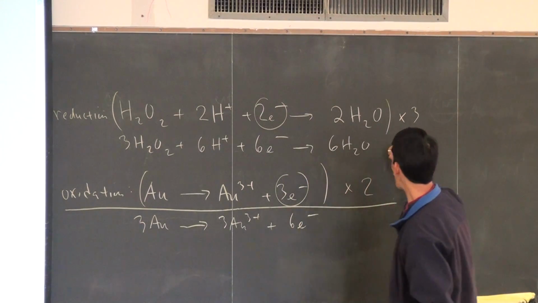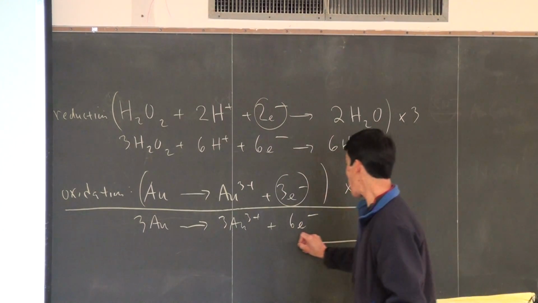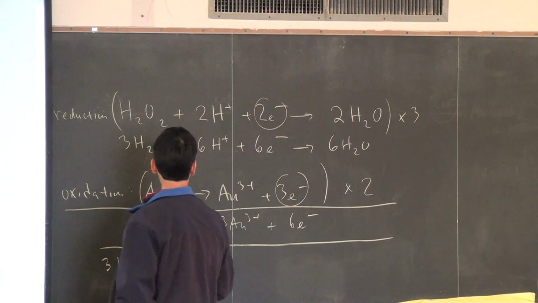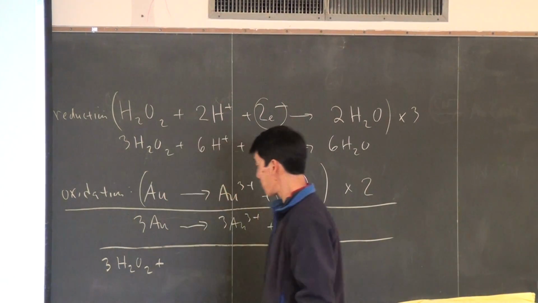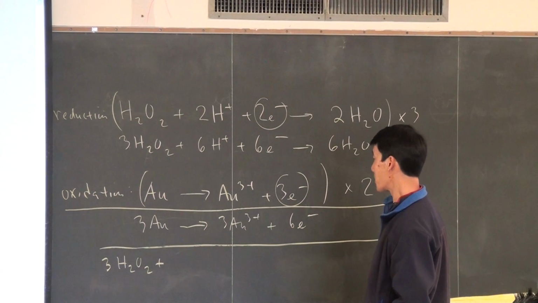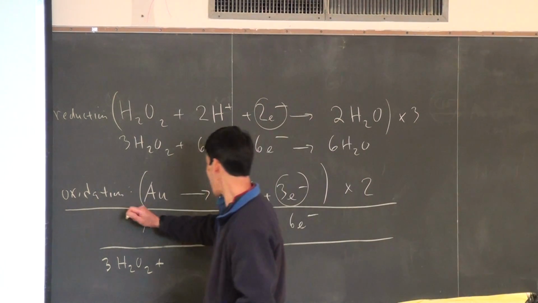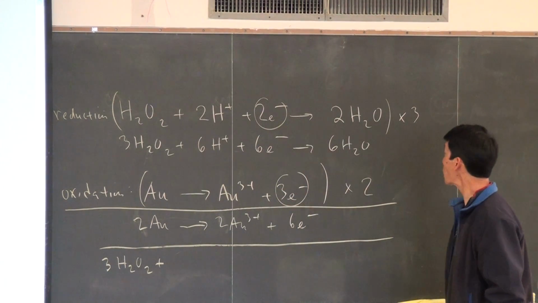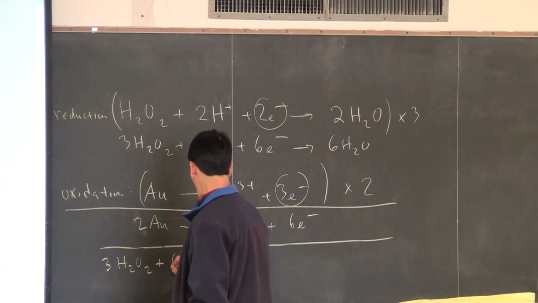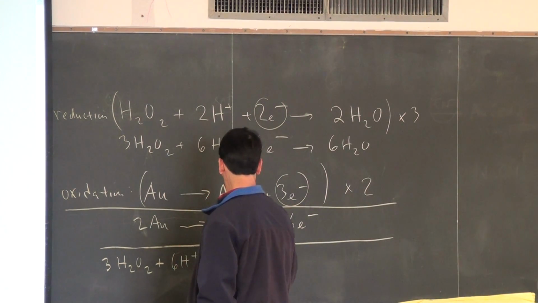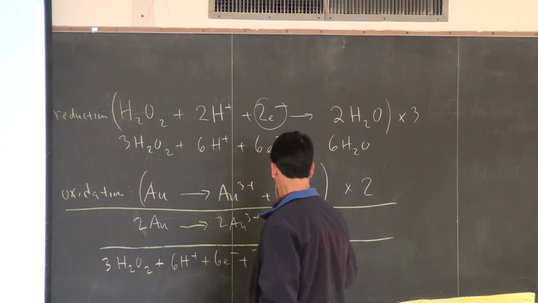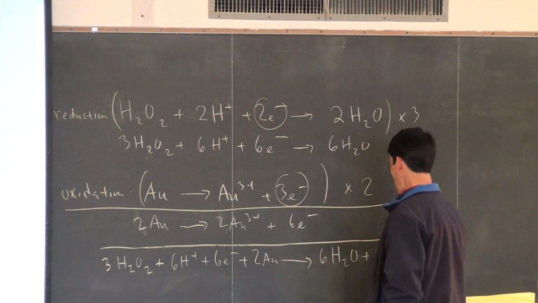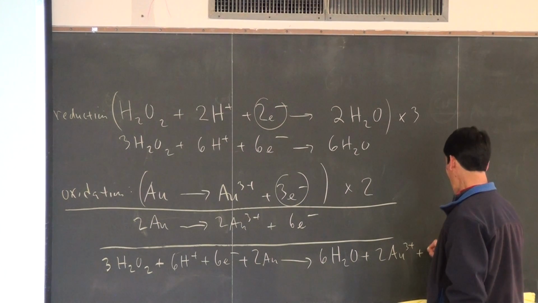Now let's add these together to get our overall equation: 3H2O2 plus 6H+ plus 6 electrons plus 2 golds gives us 6 waters plus 2 gold ions plus 6 electrons.